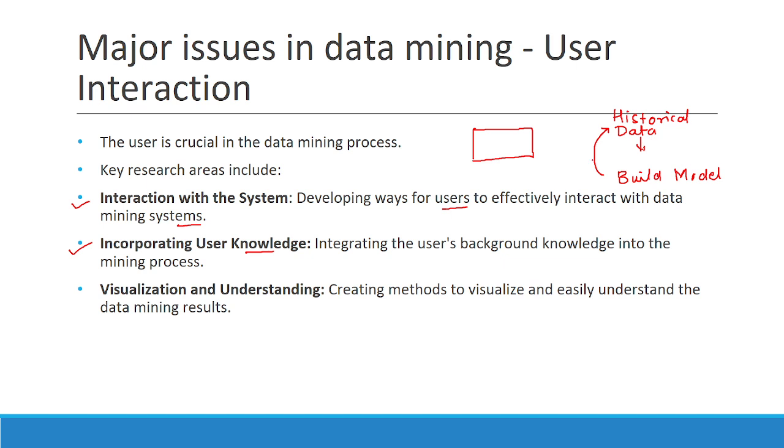But sometimes we have domain experts, experts in that particular subject, who can provide extra knowledge. So some system should be there through which, along with the knowledge gained from historical data, we should be able to add knowledge from the domain expert. It is called background knowledge. We should be able to add some background knowledge along with the knowledge gained from historical data. Okay, this is another issue.